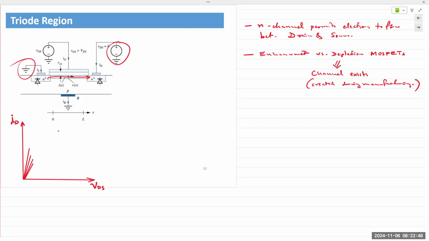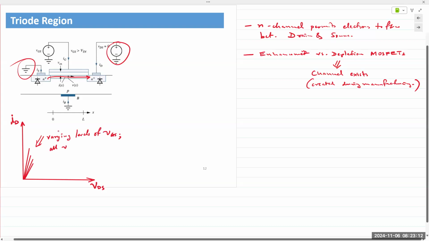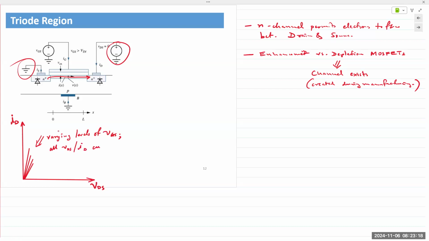So for varying levels of VGS, the controlling gate voltage, all VDS versus ID curves are linear. In other words, the MOSFET behaves like a resistor.